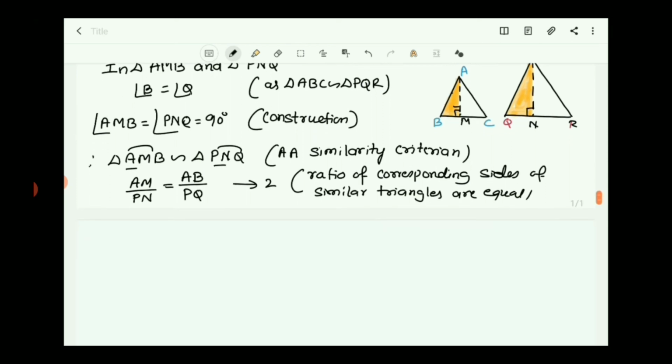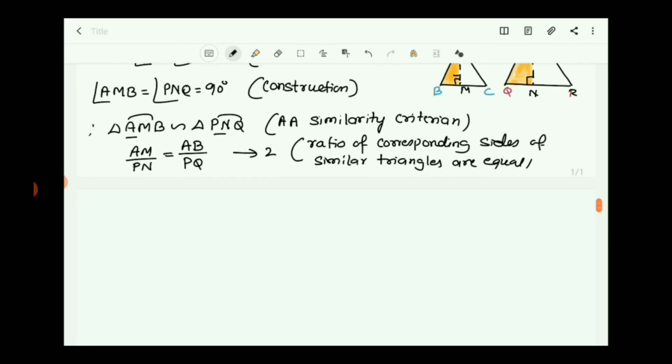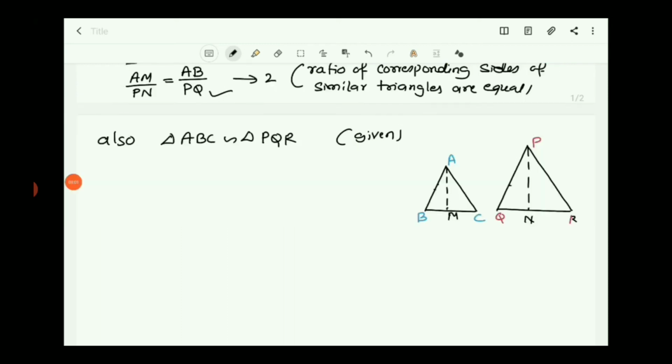Now, also it is given that triangle ABC is similar to triangle PQR. As triangle ABC is similar to triangle PQR, their corresponding sides are in the same ratio.